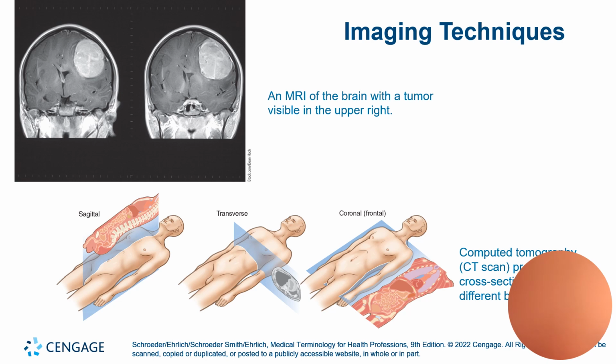The images are viewed on a monitor, they're stored as digital files, or can be printed as films. They are more effective than the MRI for imaging compact bone, and these scans can be performed with or without contrast dye.